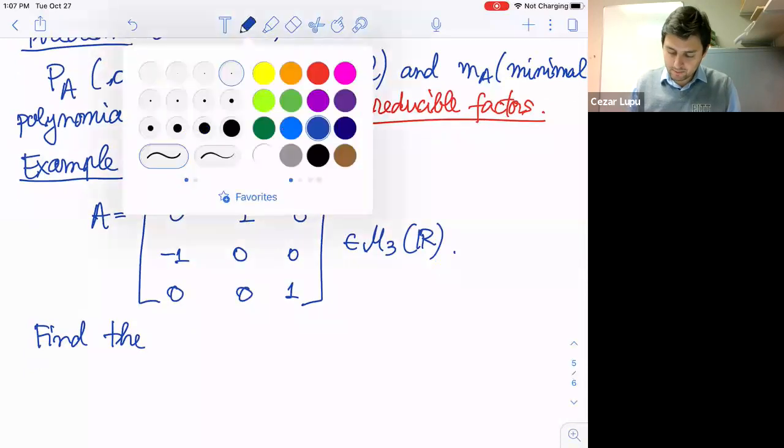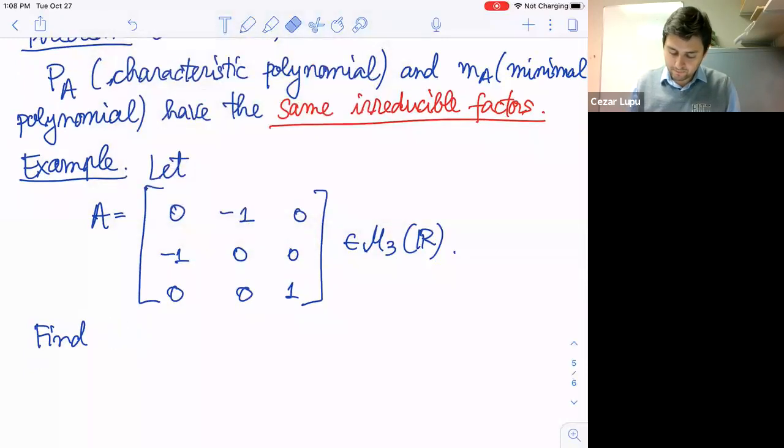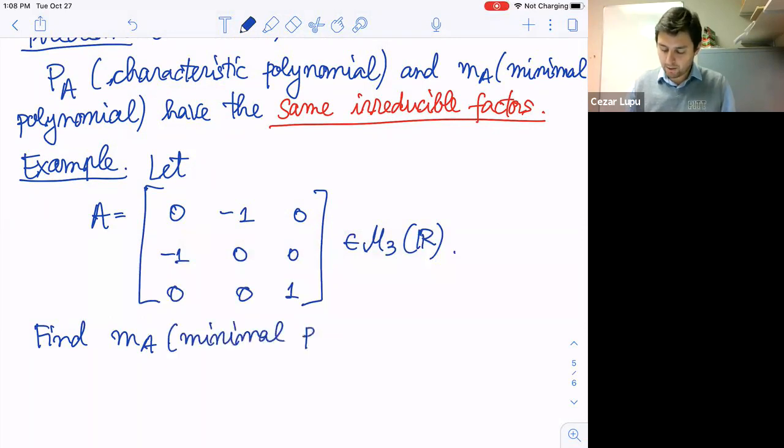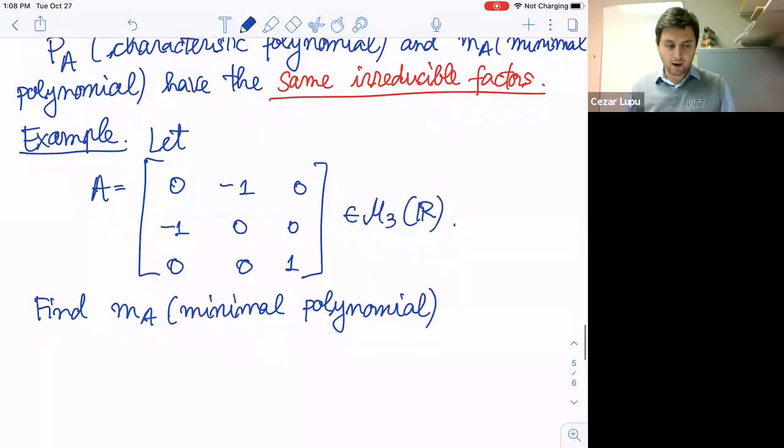Let's rewrite it in this way: M of A. That's what we want to find, the minimal polynomial. Okay, so let's do this. Well, first of all, we need to compute the characteristic polynomial.